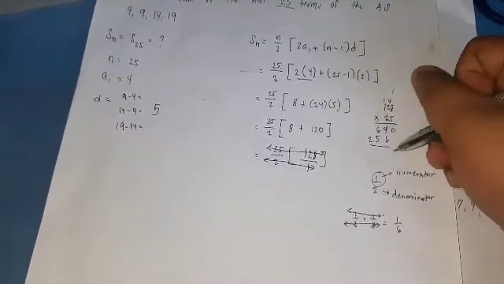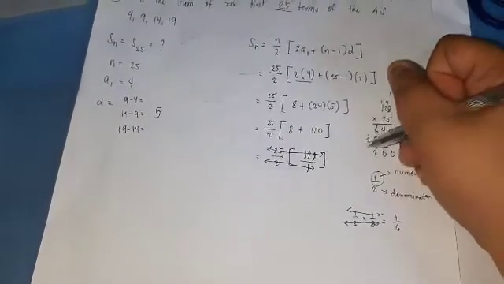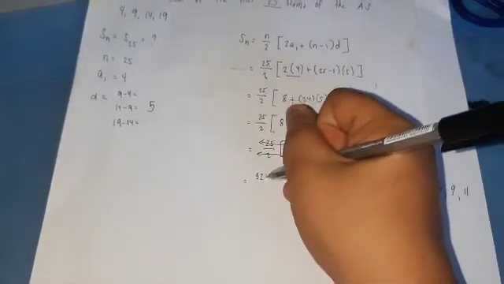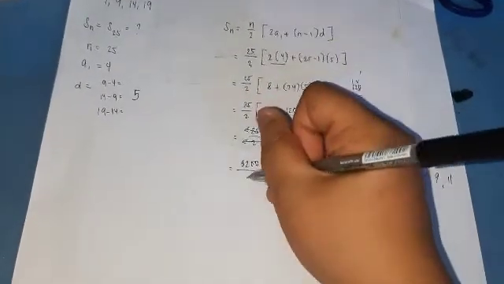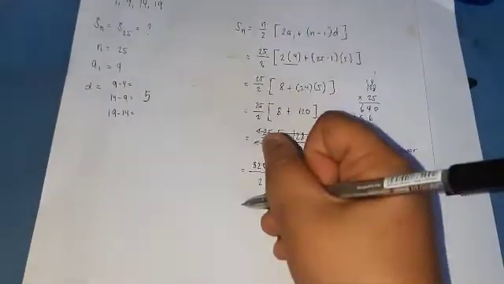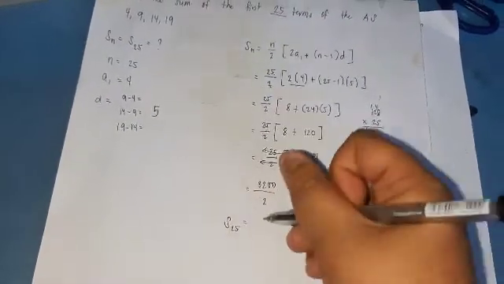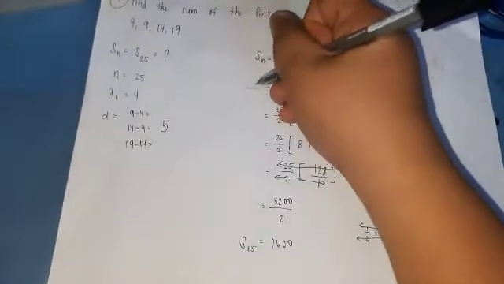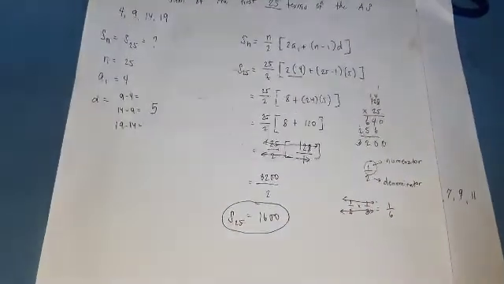And it will lead you to 3,200. 3,200 over 2 times 1, you're going to have your 2. And therefore, your S sub 25 is just equal to 1,600. So therefore, the answer for this is 1,600.